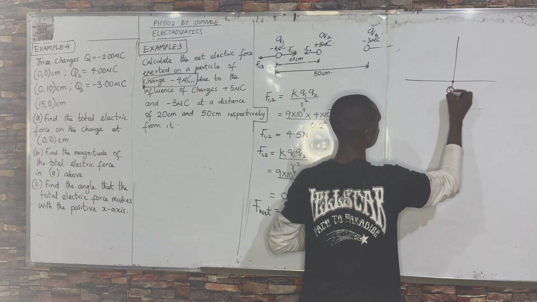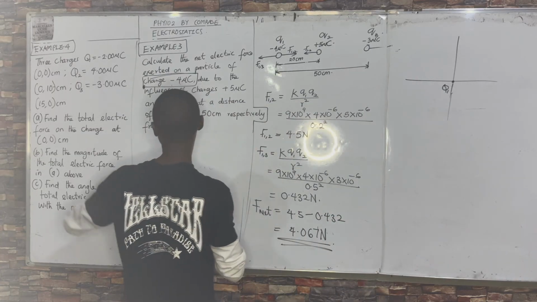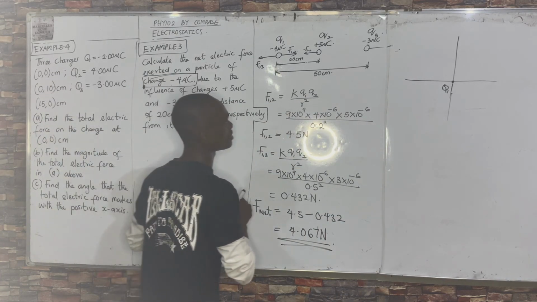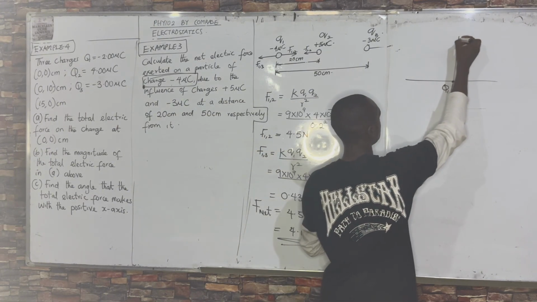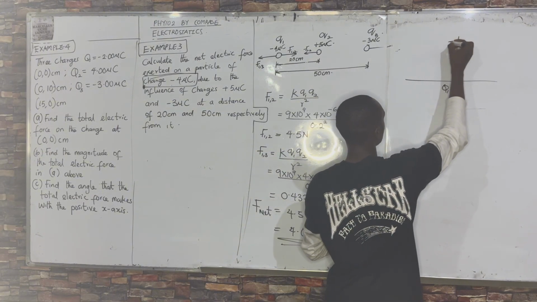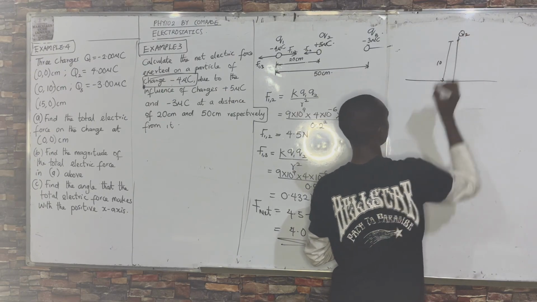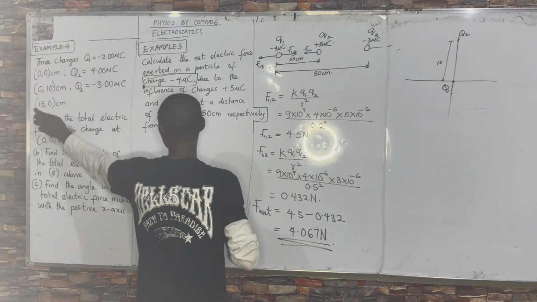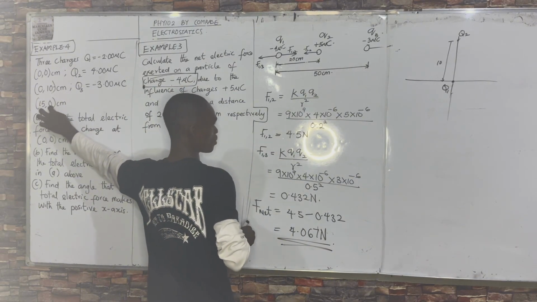I have Q2 when X is 0, Y is 10. So hope you can locate X 0, Y 10. Okay, let's assume from here to here is 10. So here is Q2. And I have Q3 when X is 15, Y is 0.